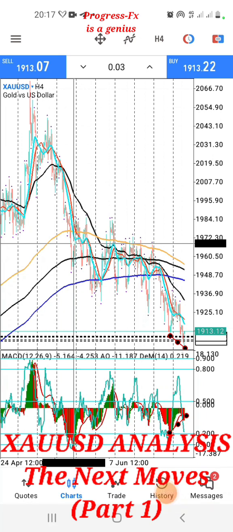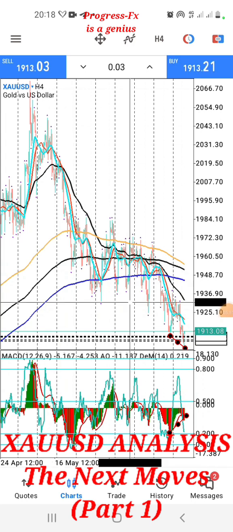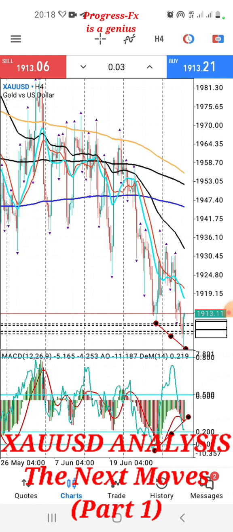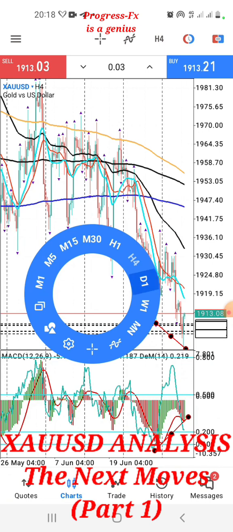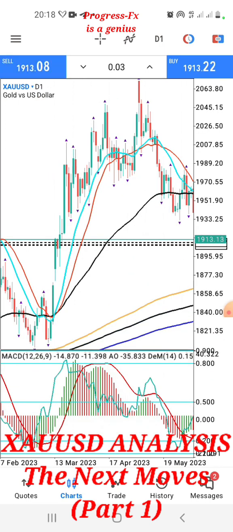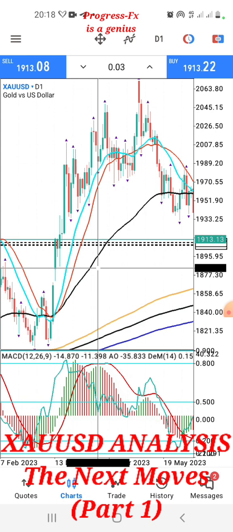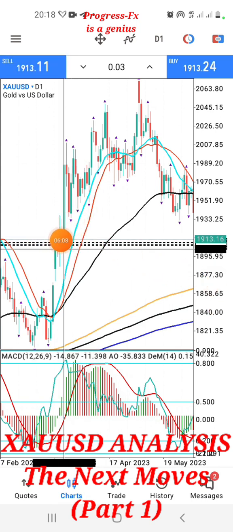Because the DeMarker tested the MACD signal line and pulled back again to retest the 100 oversold signal line, and came back to retest this MACD signal line, that gives me the confirmation that the two of them are going to move together as usual. So I had to buy gold in confirmation to this demand and supply area. It retested this place.